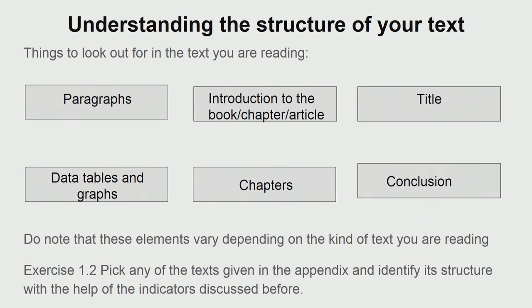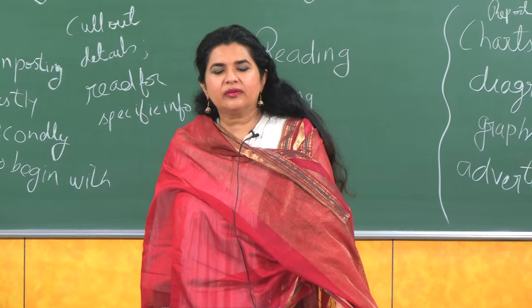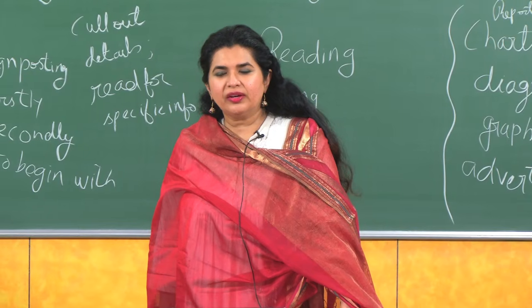You have an exercise. For example, pick any of the texts given in the appendix and identify its structure with the help of the indicators discussed before. So you look at these things: paragraph, introduction, title. This is your exercise. Please note down your exercise.